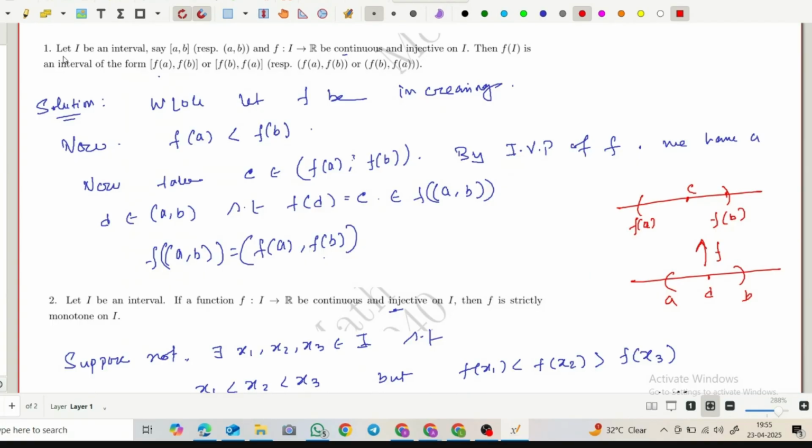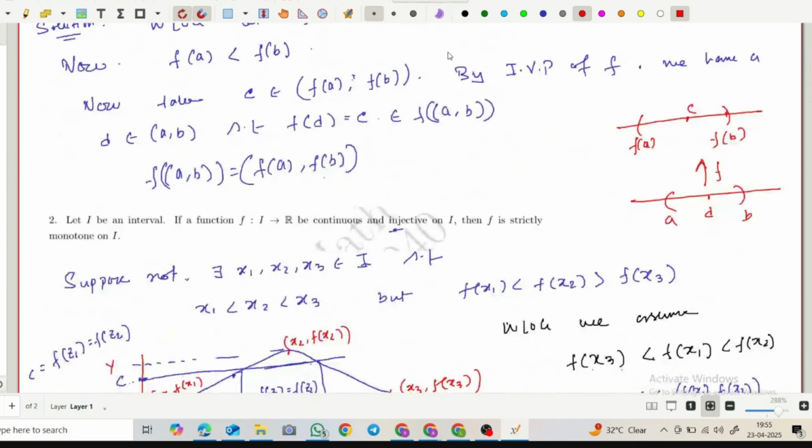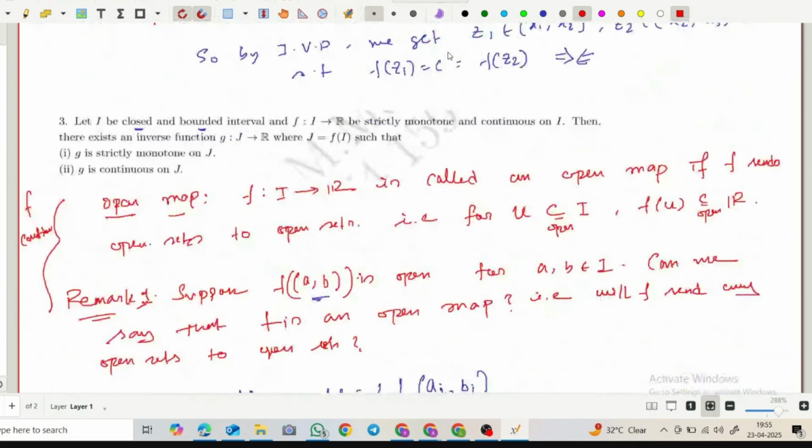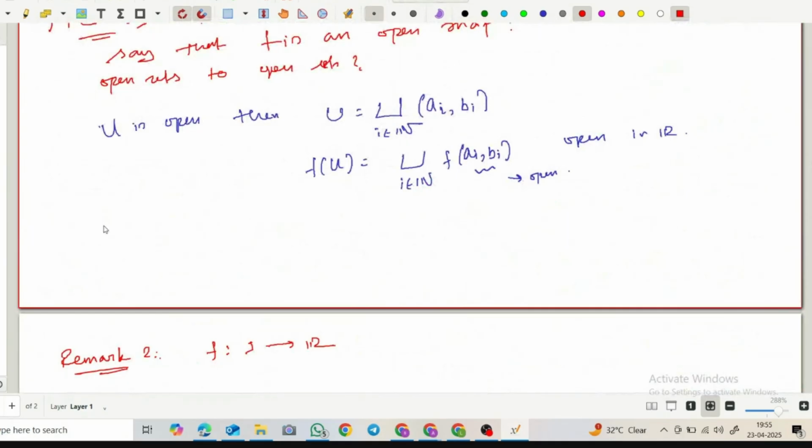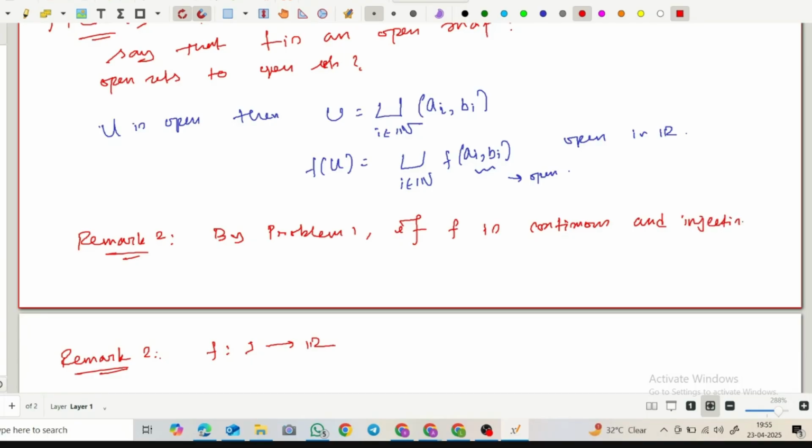So you see, you look at this, okay? From 1, we have that if f is continuous and injective, then f is an open map, okay? Right? So remark, maybe I should write remark 2 here. By problem 1, if f is continuous and injective, then f is an open map.